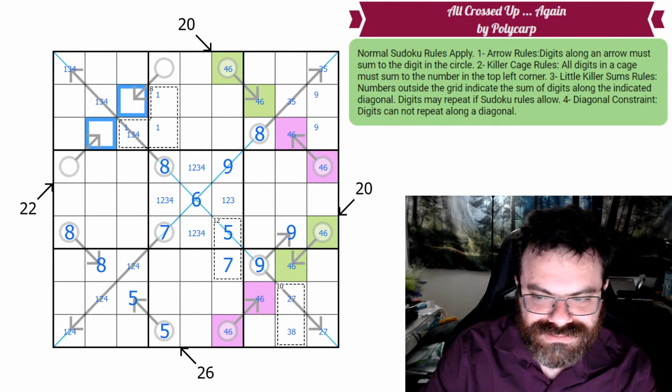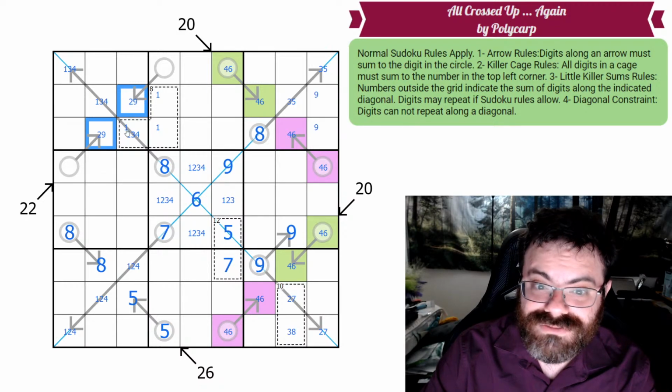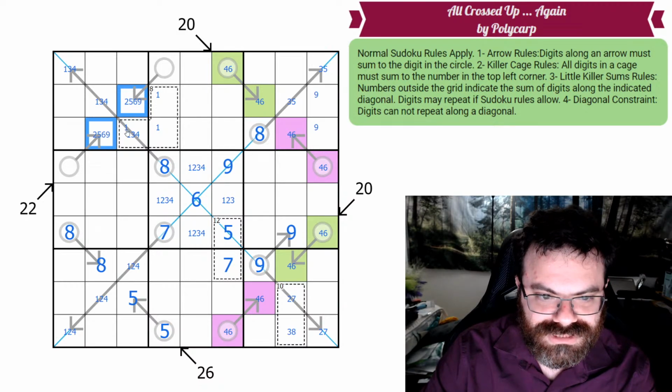These add to 11. Can't be 1, 3, or 4. Can we be 2, 9? Looks like it. 2, 9. Can't be 3, 4. 11. So 5, 6. So again, we're gonna have eliminations. So this 9 sees here.